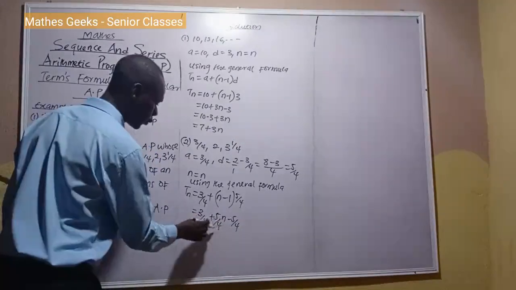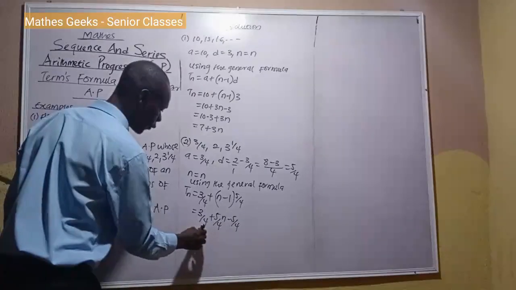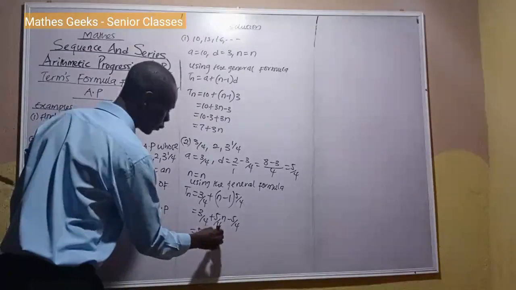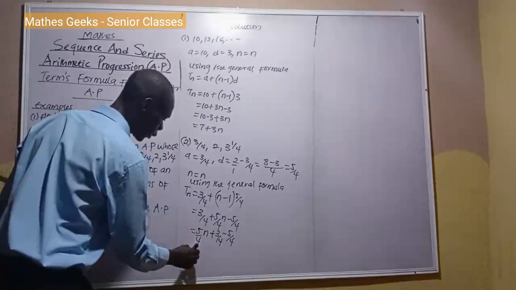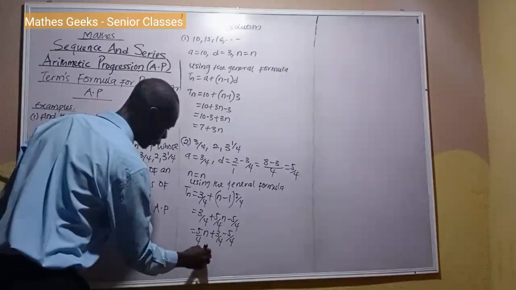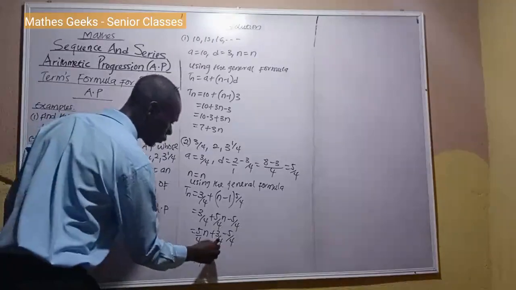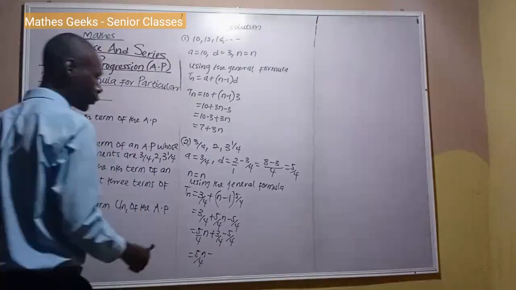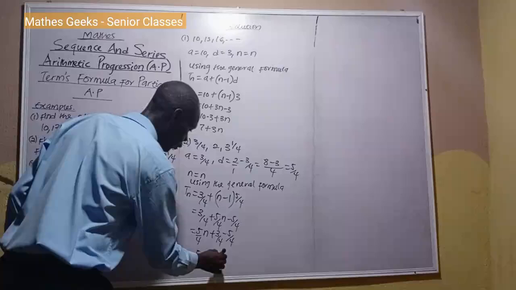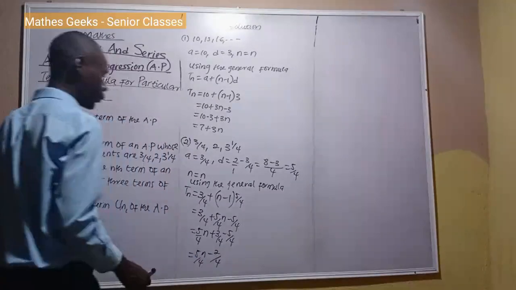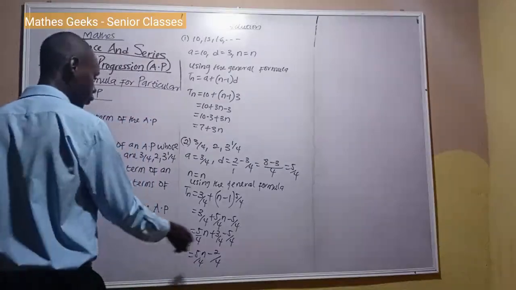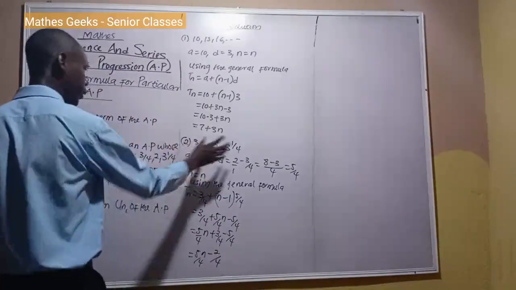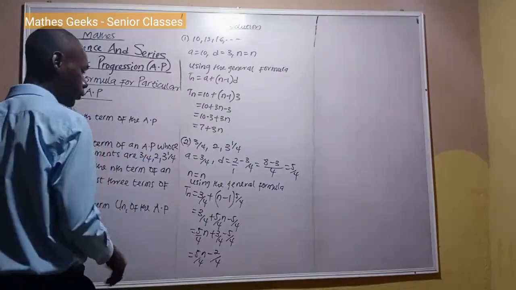So this will give us 5 over 4 n plus 3 over 4 minus 5 over 4, and this will give us 5 over 4 n minus 2 over 4. So this is the unique formula to generate this sequence.